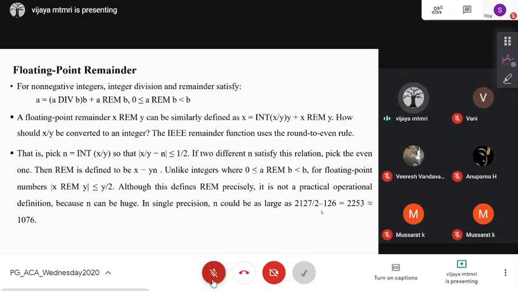Although this defines the remainder precisely, it is not a practical operation, because single precision could have a large ratio of 2 to the 127 by 2 to the minus 126, which is approximately 2 to the 253, approximately 10 to the 76.